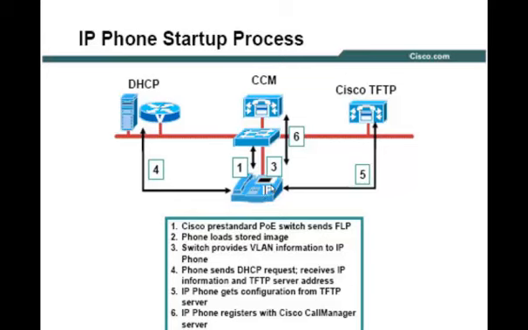Once the IP address is given, the IP phone goes to the TFTP server to get the images and configurations. Once it gets the configuration from the TFTP server, it gets registered to the CME router.